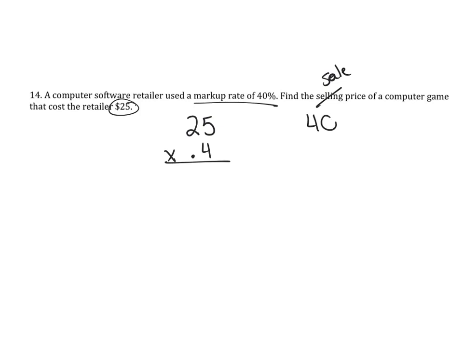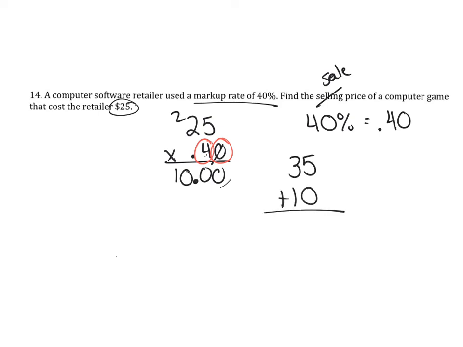So 40% is equivalent to 40 hundredths. Remember, you can just drop that 0 down if you need to. And then 4 times 5 is 20. 4 times 2 is 8, plus 2 is 10. And we have 2 decimal places, or 2 numbers behind the decimal. So it's $10, but the $10 is how much the markup is. So then we need to do $35 plus $10, which is $45.